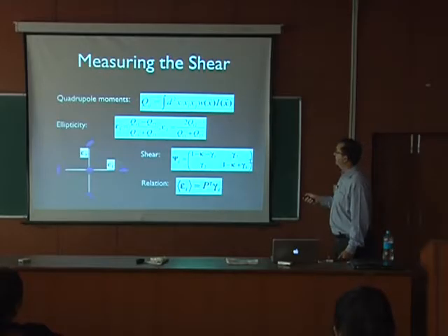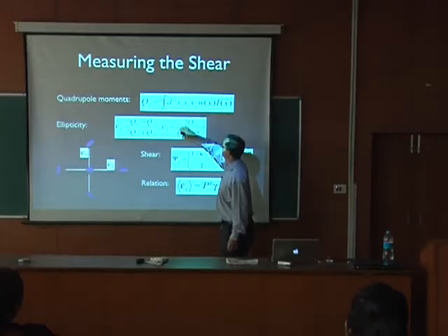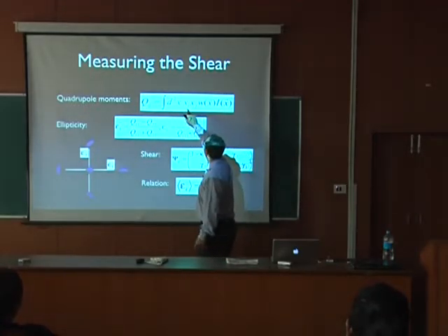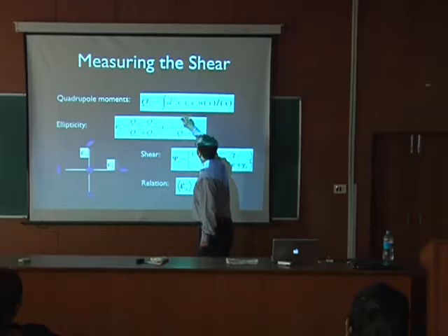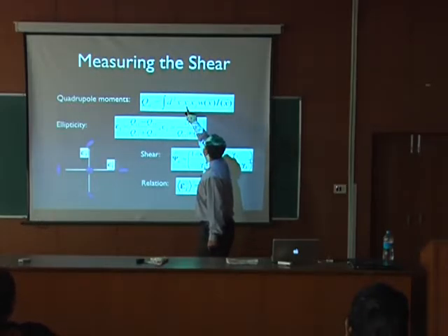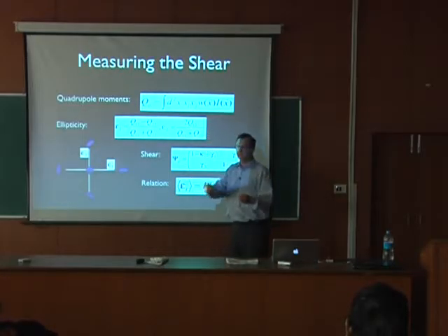All right. On the other hand, if we move to one more power, so we look at the quadrupole moment, which is an integral of a square of these positions, then that has shape information, as I'll show in a minute. So for instance, let's look at the trace, which is x1 times x1 plus x2 times x2, so Q11 plus Q22. Well, this is basically x1 squared plus x2 squared, so it's r squared, radius squared.